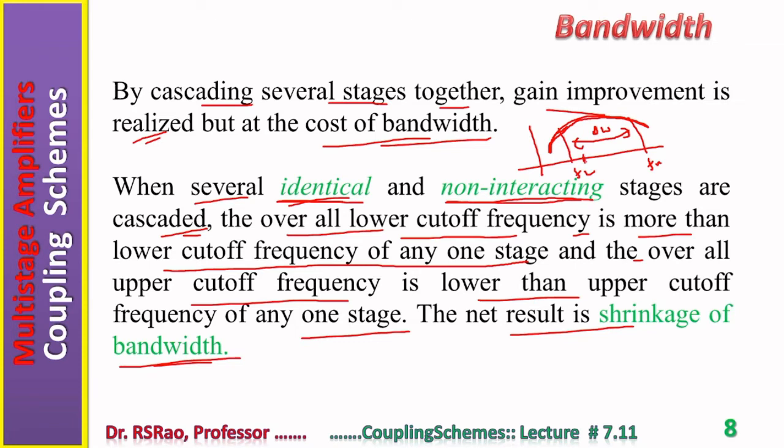So FL of multi-stage is going to be somewhere here, higher than FL, and FH lower than FH of a single stage. So it will be somewhere here. This is FL, this is FH of multi-stage. So the result is bandwidth shrinkage. So multi-stage design is associated with bandwidth shrinkage.